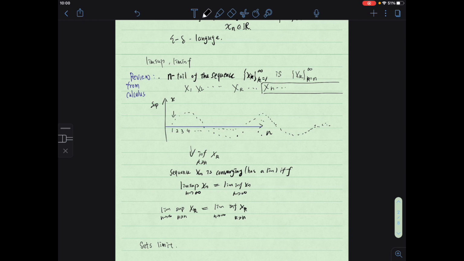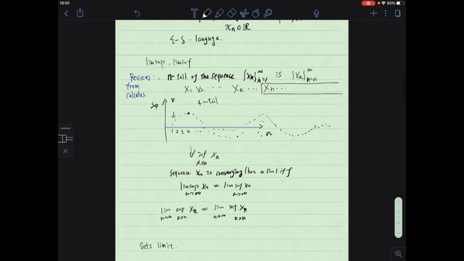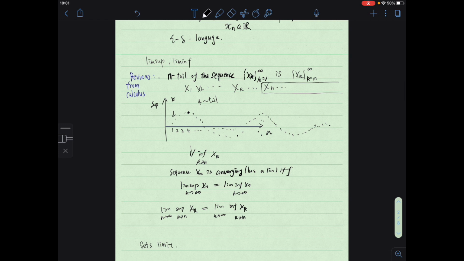And for any k-tail, we can find a suprema. So let's say we care about the 4 tail, which means we want the sequence starting from x4. And the suprema for that sequence will actually be this point, because it's the largest element, the maximum within each cluster.